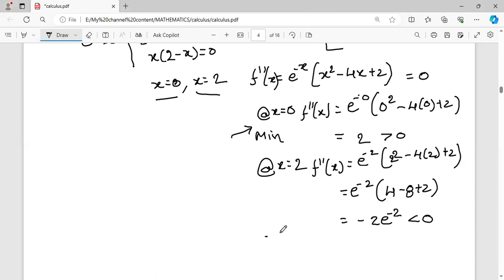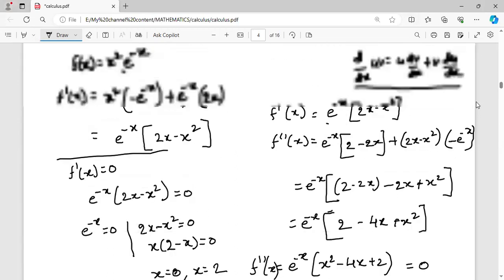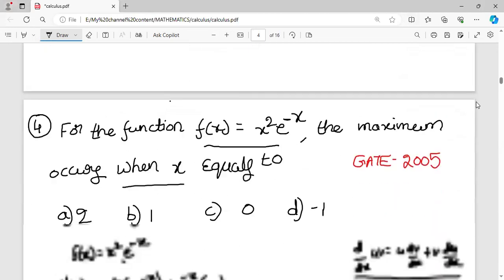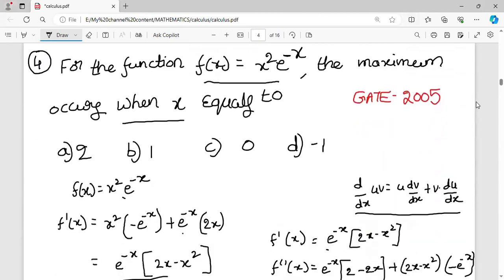If it is less than 0, it is the maximum. Maximum at x equal to 2 and minimum at x equal to 0. So what is your option here? They ask the maximum value. So where we get the maximum? Maximum is at x equal to 2.